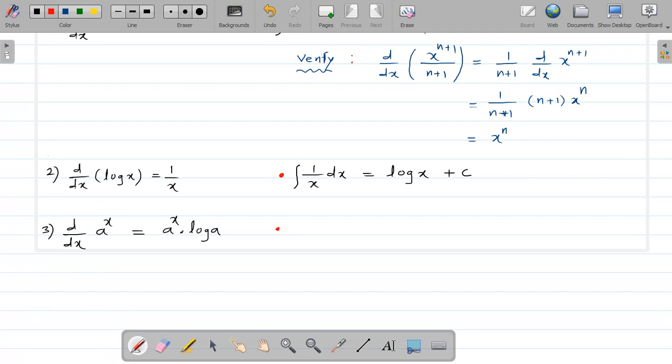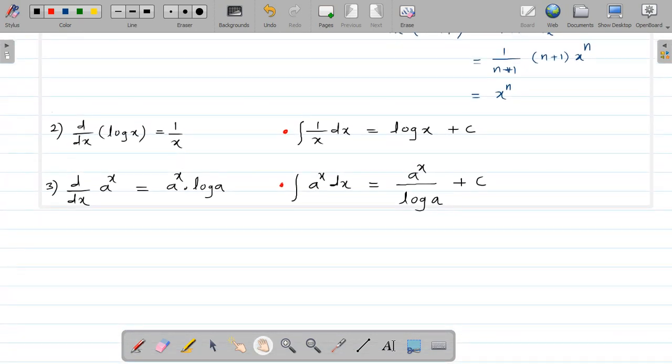As a standard function we will keep integration of a raised to x. Now integration of a raised to x will be a raised to x upon log a plus constant. Now if you want to verify this, then you can verify. See the verification here.